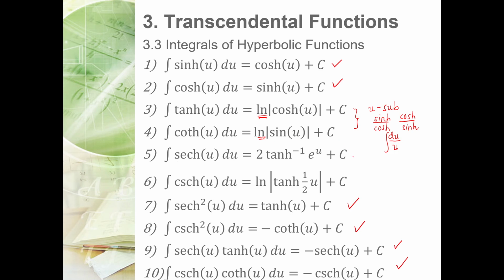Okay, so for your hyperbolic secant and hyperbolic cosecant, I think this one is not u sub. It could be u sub, but again, some of the books are using hyperbolic identities. So if you try to look it up online later, there are a few hyperbolic formulas compared to the trigonometric identities.